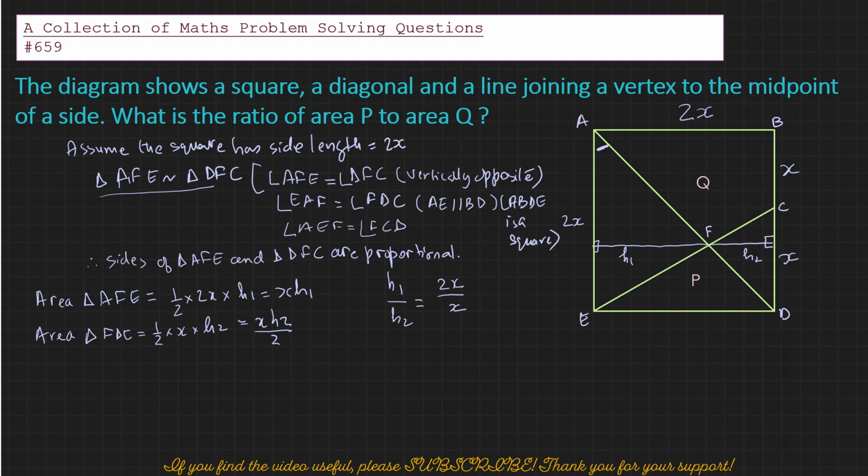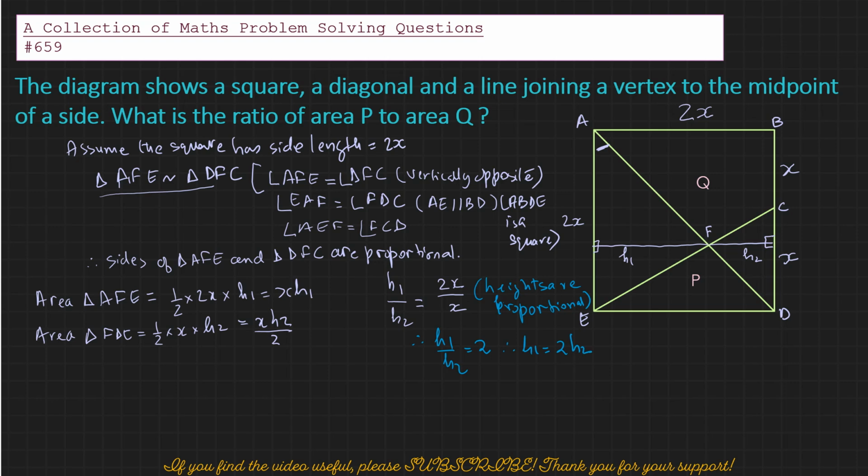The reason is heights are proportional. Therefore h1 out of h2 equals 2, and h1 is twice h2.